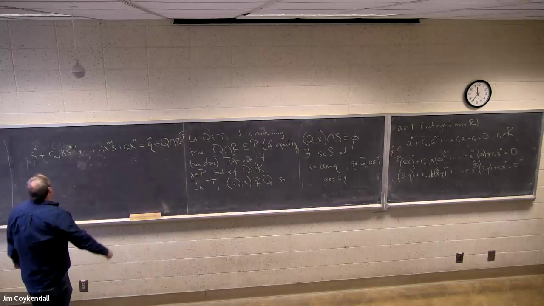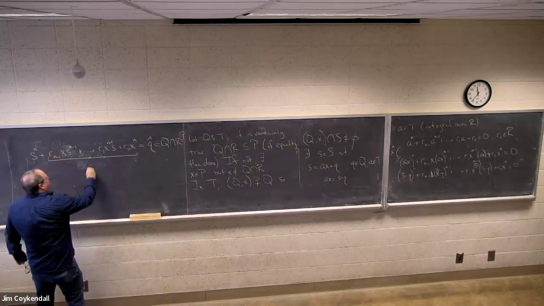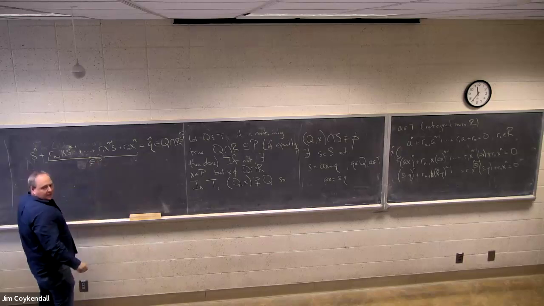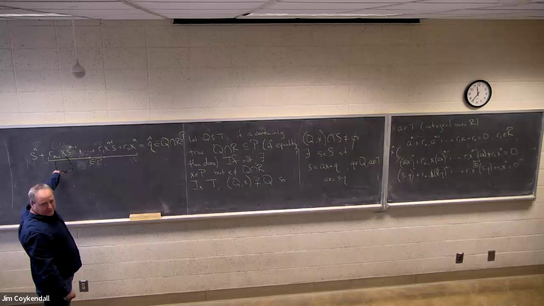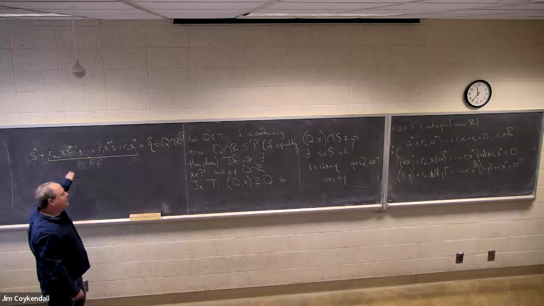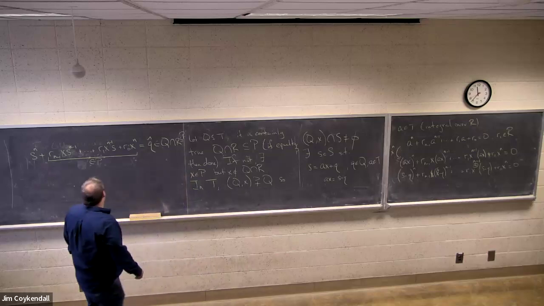So let's examine this part of it. This is an element of P as well, right? Because X is, or I'm sorry, not an element of P, but an element of this larger prime.